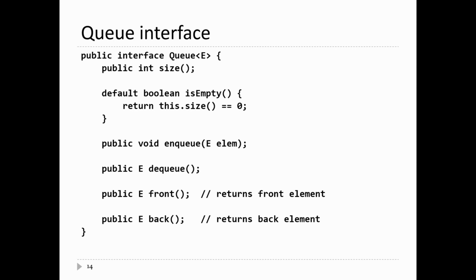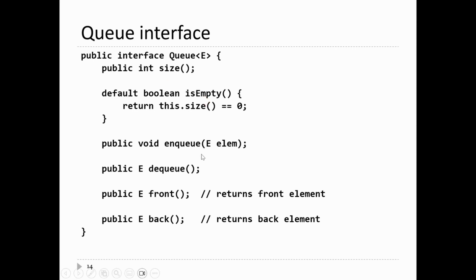Okay, so we're going to make a queue. We're going to make several different queue implementations, just like we did with a stack. We're going to start off by making a generic queue because we know how to make generic types now. So we're going to make an interface called Queue. It holds elements of type E. It's almost exactly the same as Stack. There's a size method. There's an isEmpty method.